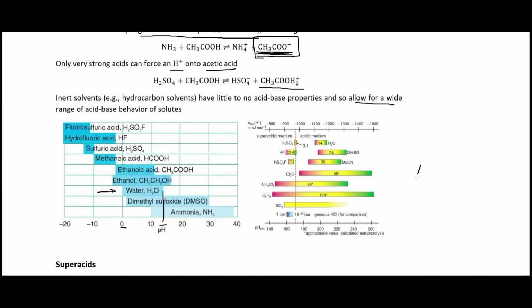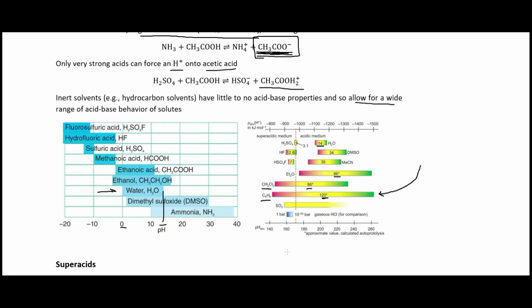And so this figure right here, I mostly wanted to put because if we have these hydrocarbon solvents here, we see these very wide ranges of pH on here. So we see up here water has a range of 14, but then when we get to these hydrocarbons, we see that the pH range is things like 86 and 120, and so the ranges of pH can be quite high for those solvents.